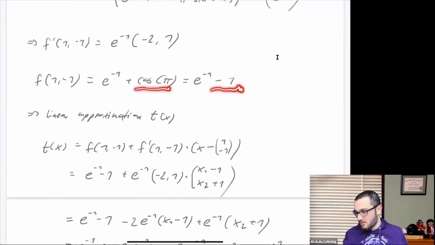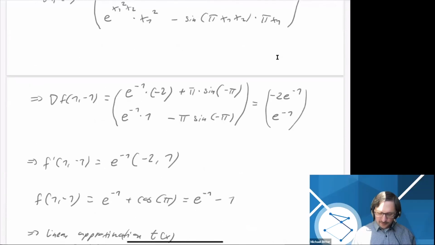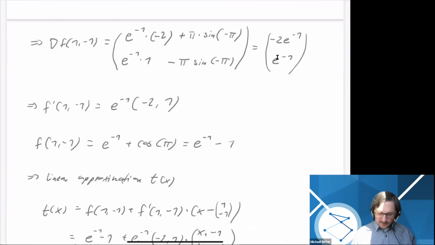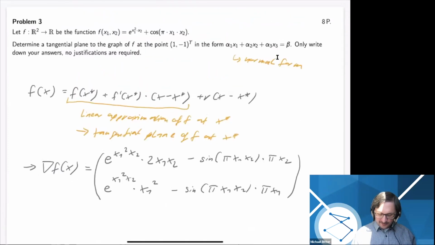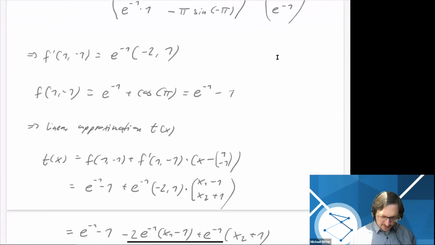They're saying it should be cosine of -1. Yes, of course, you're right, it should be cosine of -1. That's correct. It doesn't change the result though, right? Cosine of minus pi is also -1. Okay, thanks. Anything else? No.